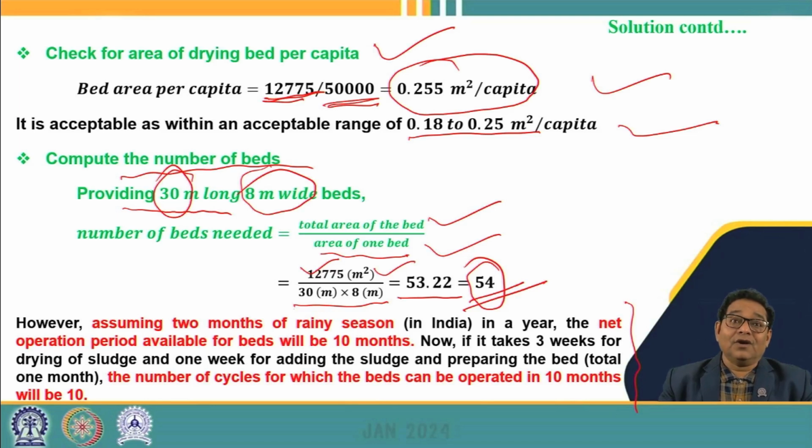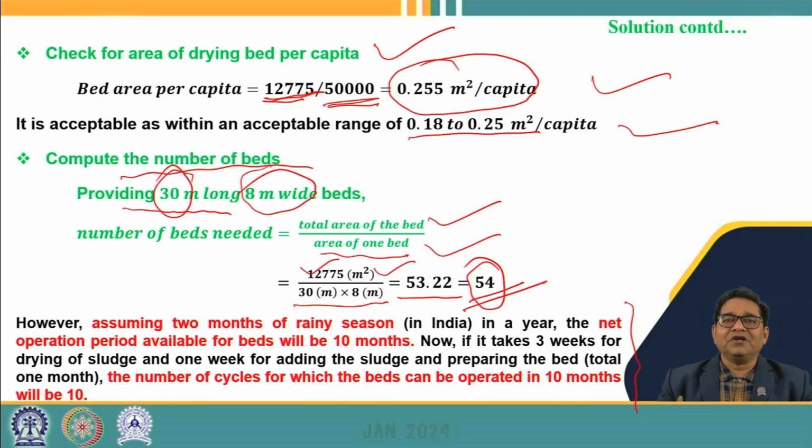Now another check, that is the thickness of the sludge that will be lying on top of the sludge drying bed. So that has to be checked. For that we have to presume how many cycles a bed can perform in a year. As I discussed, there are 2 months of rainy season. If we subtract 2 months of rainy season, we have 10 months for operation.